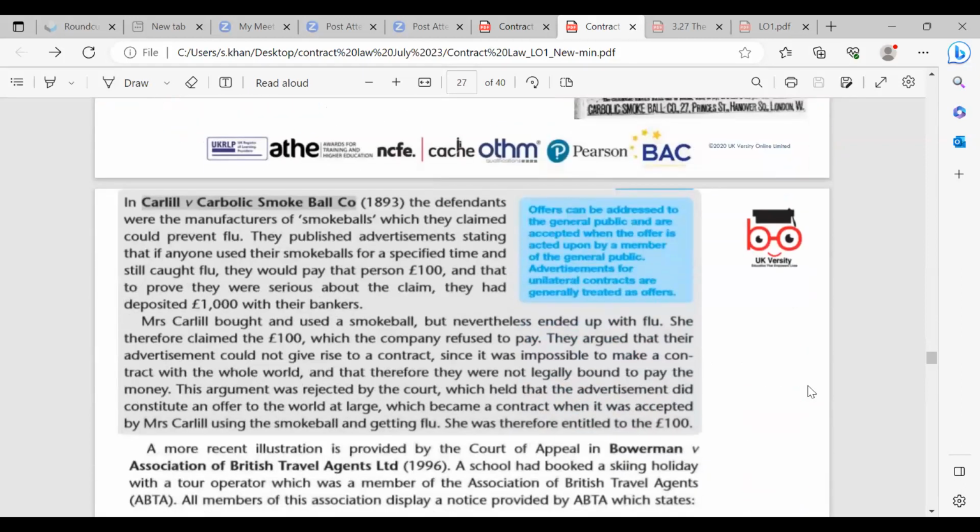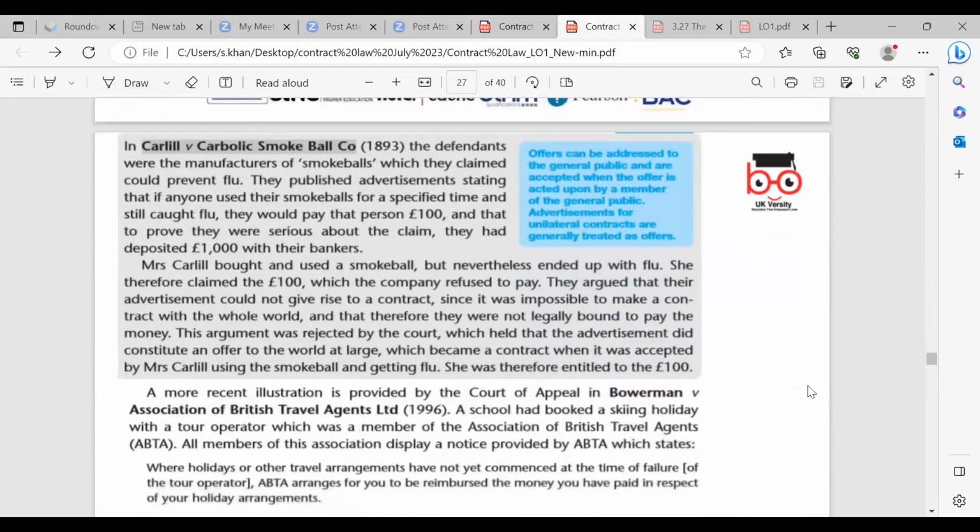And here it identifies briefly the first case, which is the Carbolic Smoke Ball, 1893, where the defendants were the marketers of smoke balls, which they claimed could prevent influenza.